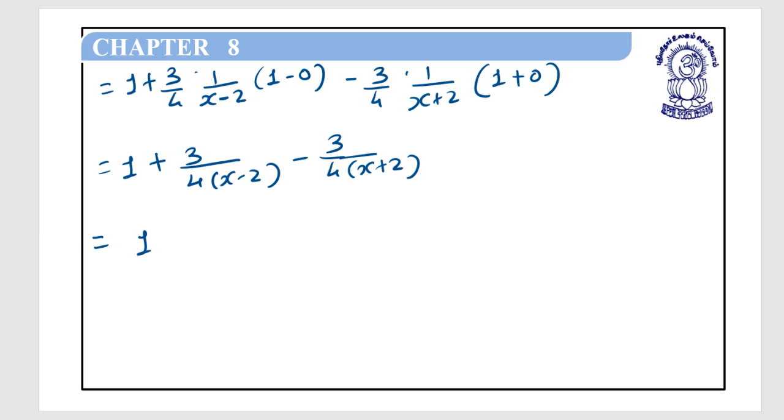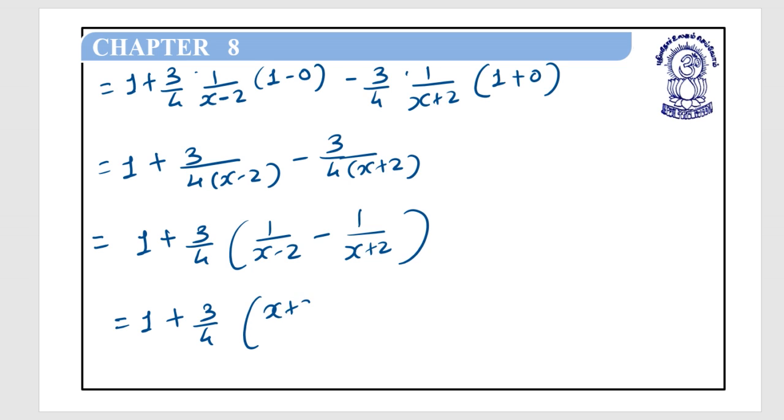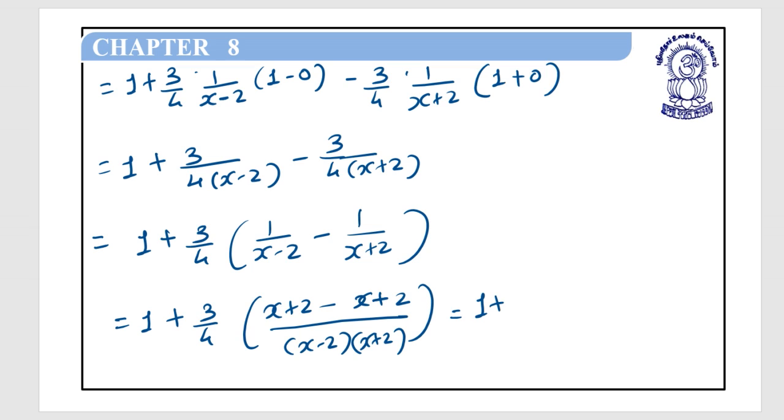So 1 plus 3 by 4 common, 1 upon x minus 2 minus 1 upon x plus 2 is equal to 1 plus 3 by 4 x plus 2 minus x minus 2, it becomes plus 2 upon x minus 2 into x plus 2 is equal to 1 plus 3 by 4, minus x cancels, two plus 2 is 4, x square minus 4, 4 cancel, it is 1 plus 3 upon x square minus 4.